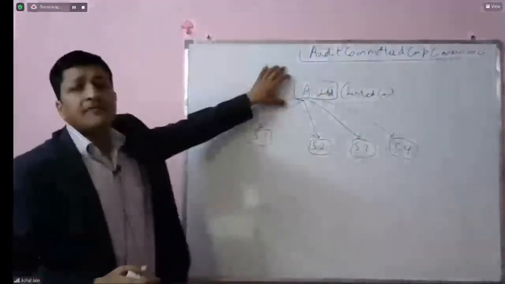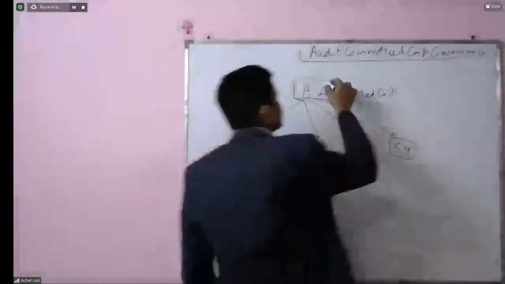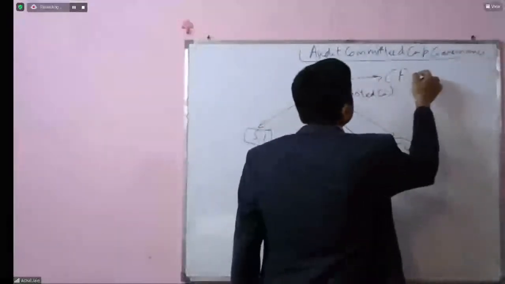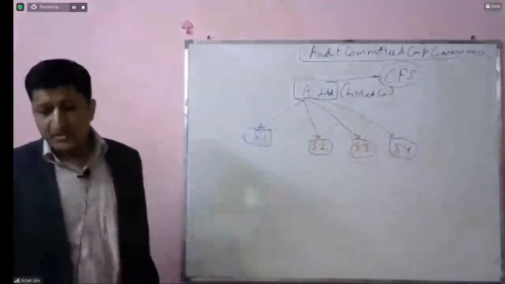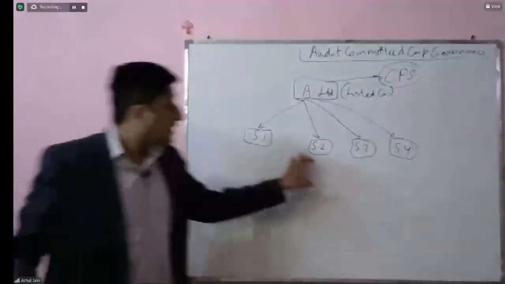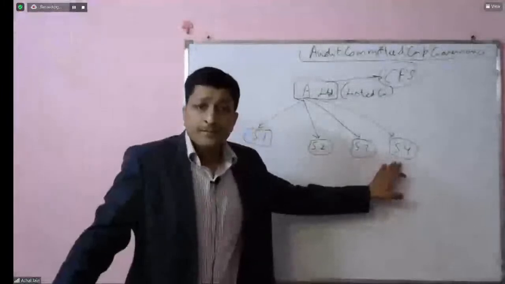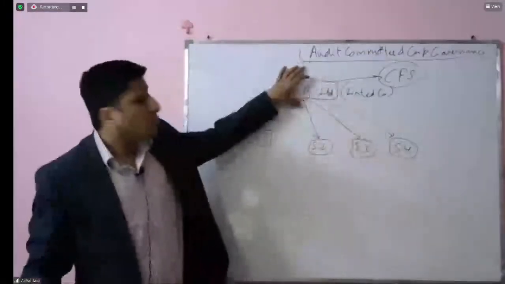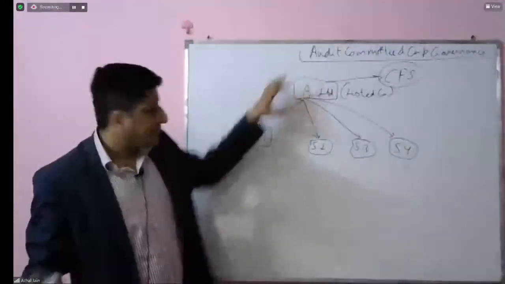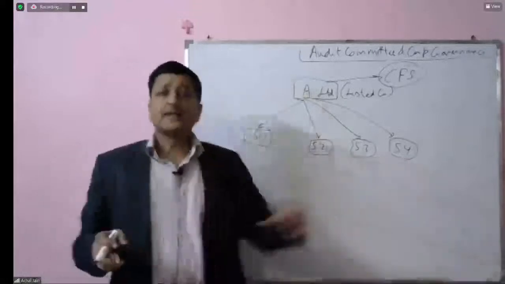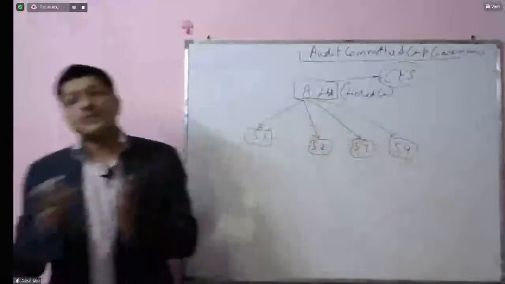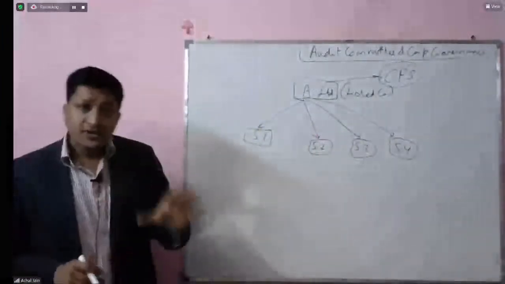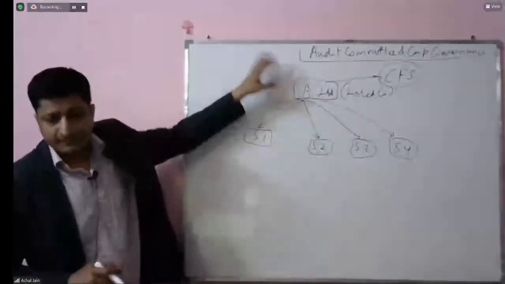Because the listed company will prepare CFS. So that's why their accounts will be consolidated over here, and that's why their accounts are required to be reviewed. Limited review means reviewed by the statutory auditor of this company.